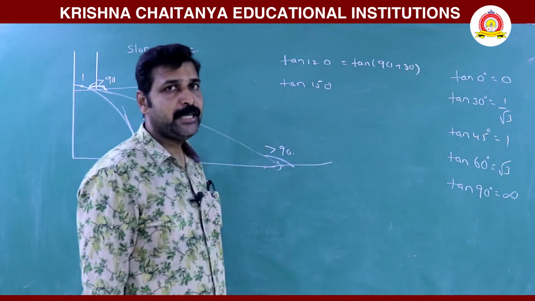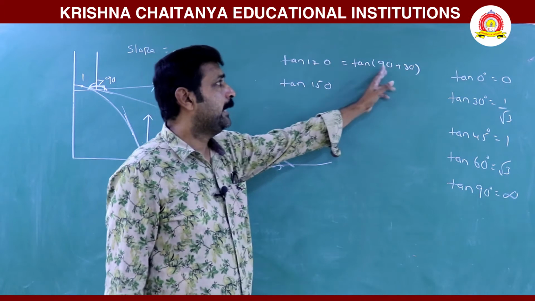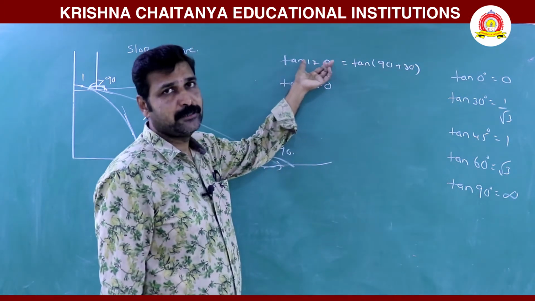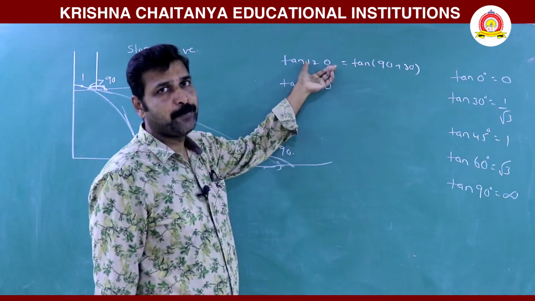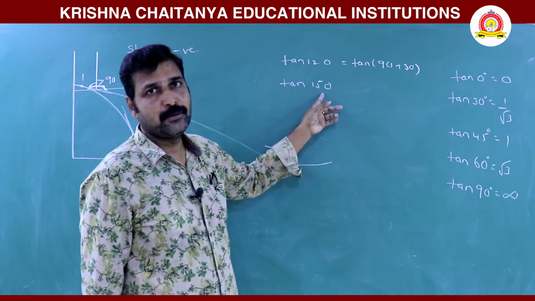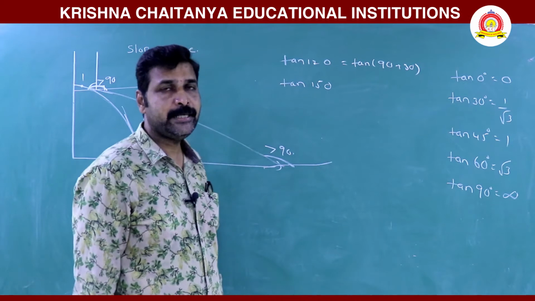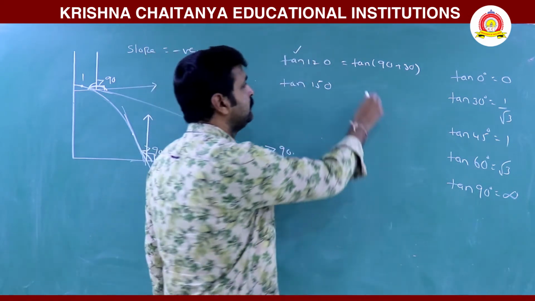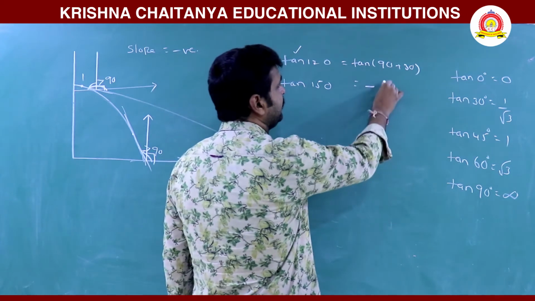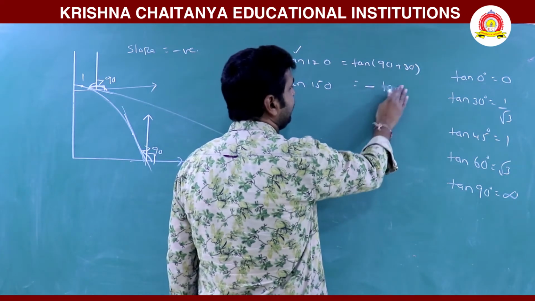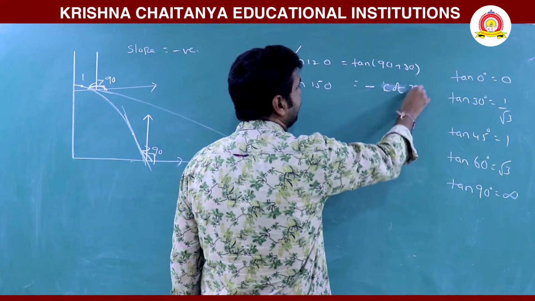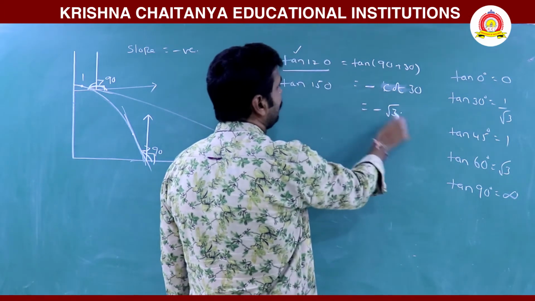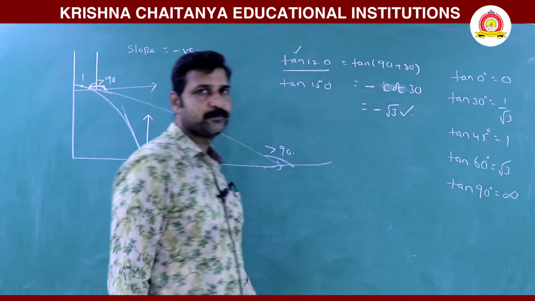As we discussed in the earlier class, tan of 90 plus angle is negative, because it is more than 90 and less than 180. For all angles more than 90 and less than 180, the tan function is negative. So this is minus, and tan of 90 plus theta is minus cot theta, that is cot 30, which is root 3. So tan 120 is minus root 3.